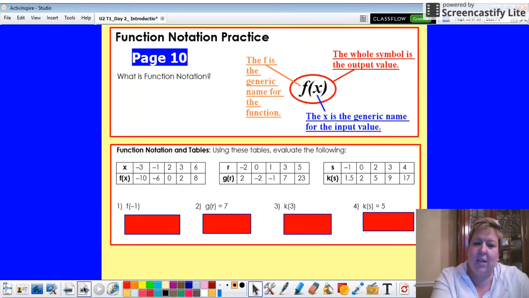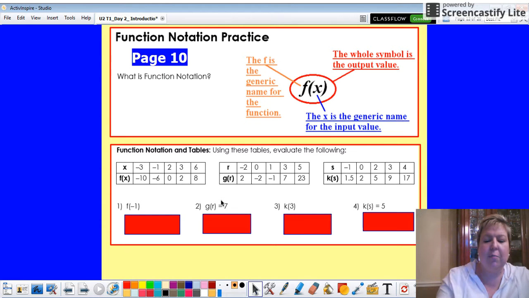On the next page, we are actually going to take a look. This should be in your book on page 10, but what is function notation? This is our generic name for the function. So the whole symbol represents that output, and the x represents the input. So we're going to actually use these 3 tables, f of x, g of r, and k of s.